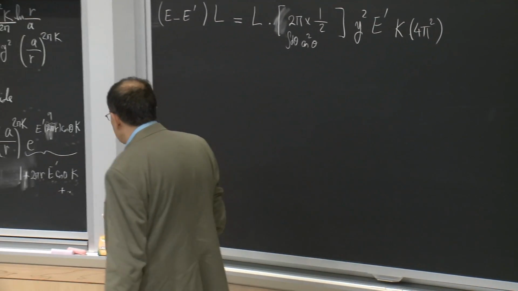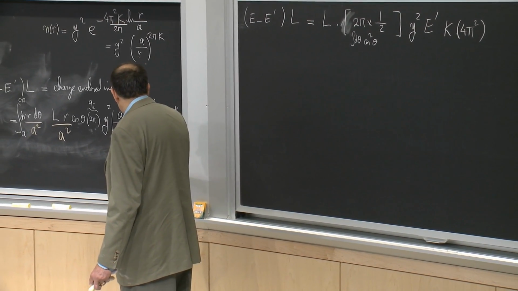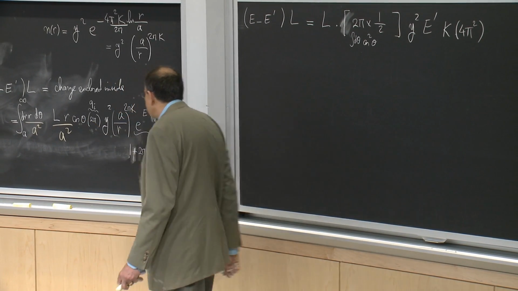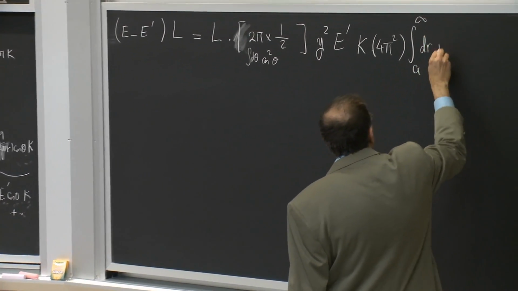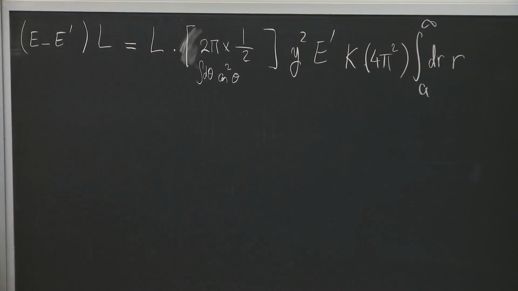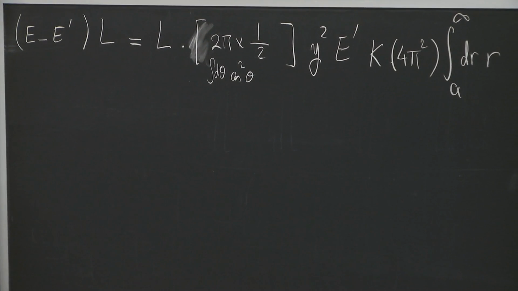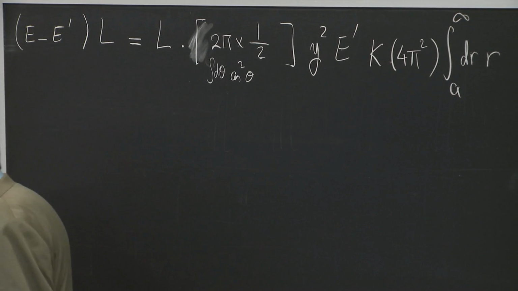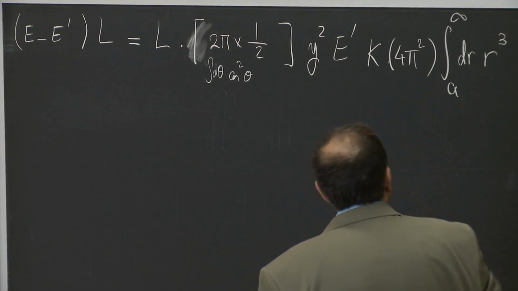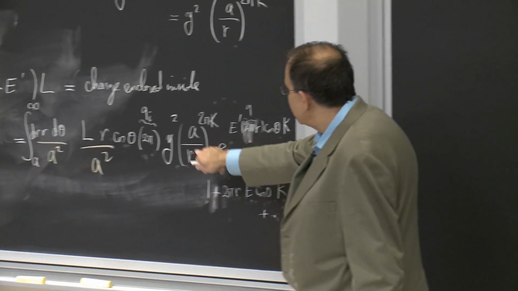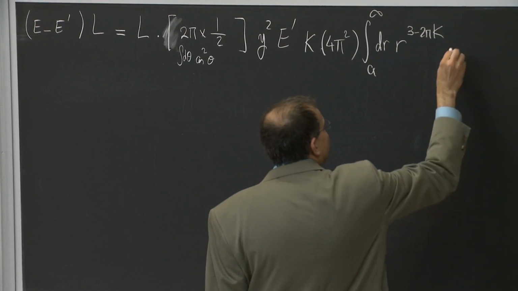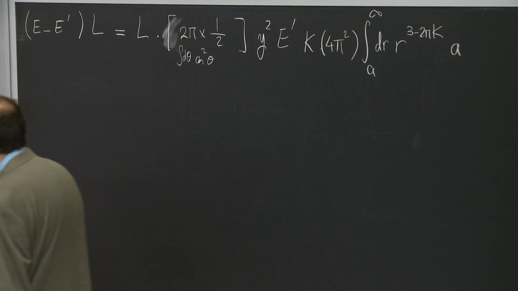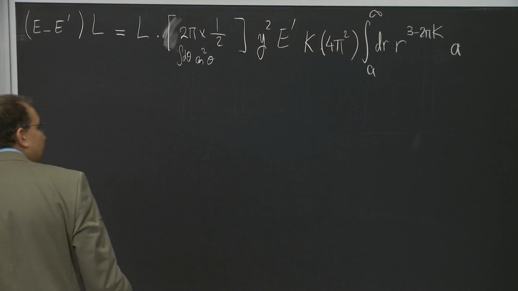And I think I got everything except the integration over a to infinity dr. There is this r dr, which is from the two-dimensional integration. There was another r here and another r here. So this becomes r to the 3. From here, I have minus 2 pi k. And then I have the corresponding factors of a to the power of 2 pi k minus 4.